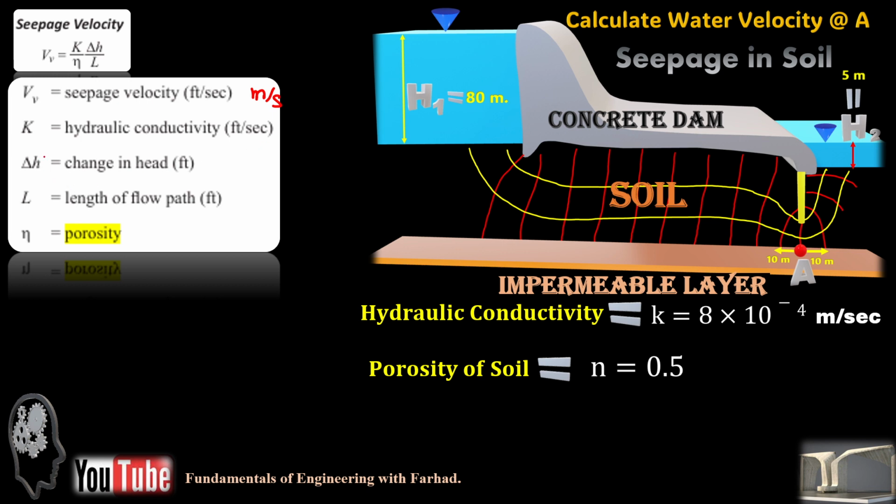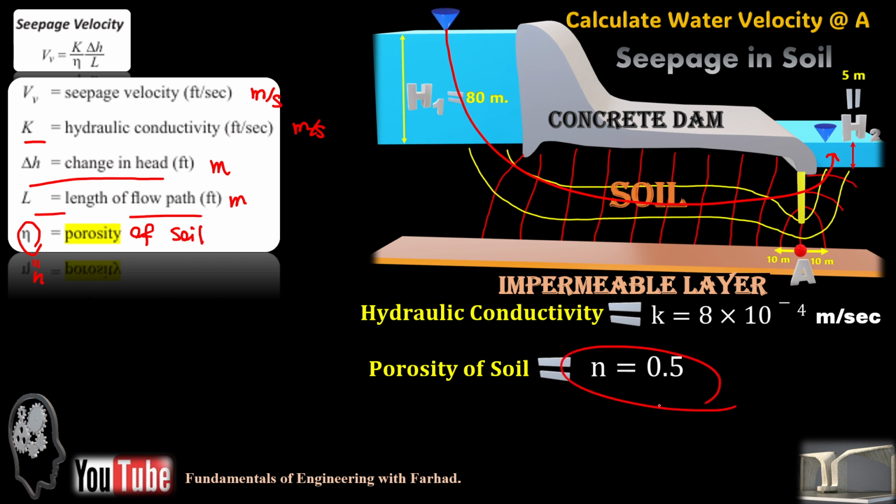Likewise, hydraulic conductivity is again in feet or meters per second or centimeters per second. Delta H is the change in head of water, which travels all the way from upstream to downstream. That's in feet or meters, and L is the length or path which water travels. And eta is known as n in soil mechanics, and that's the porosity of soil, which is provided to be 50%.